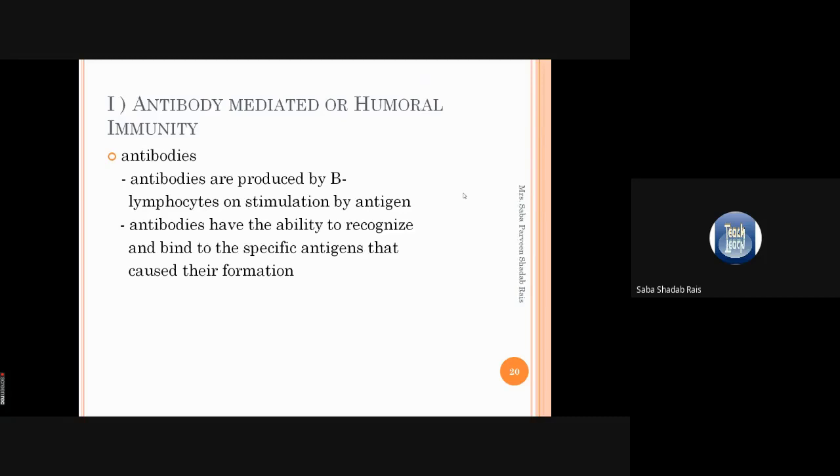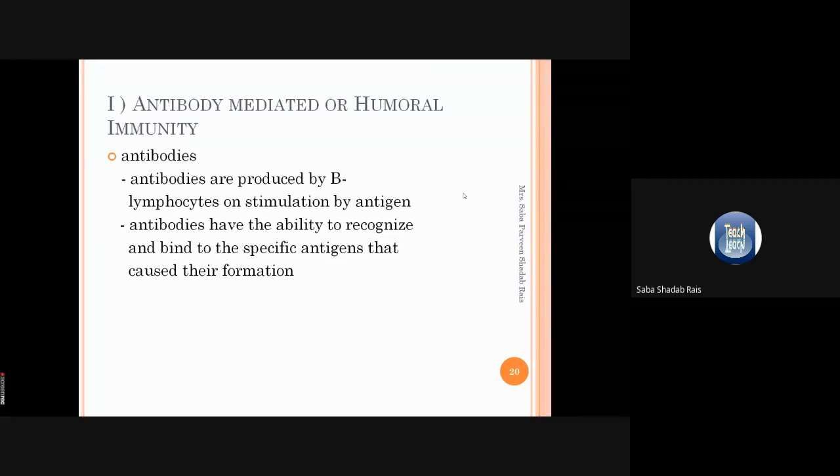The second property is opsonization. What do you mean by opsonization? This antibody will bind to the antigen and will lock them, it is some kind of imprisonment. Imprisonment means they are locking them, not letting them go anywhere.